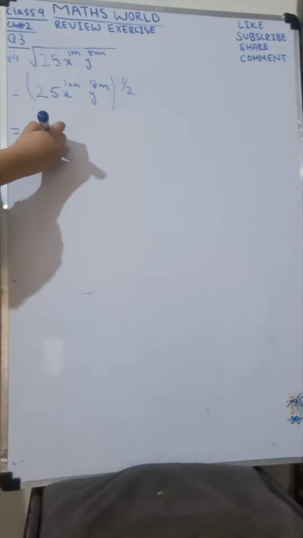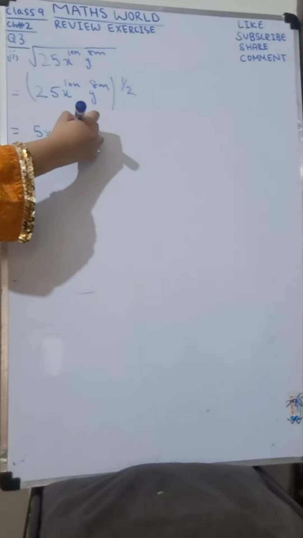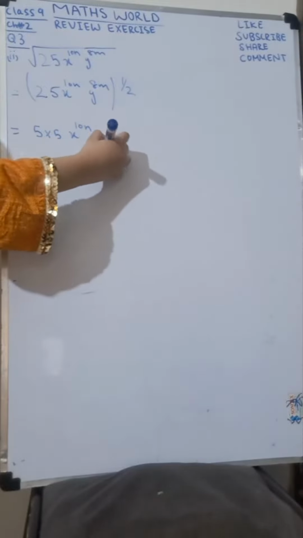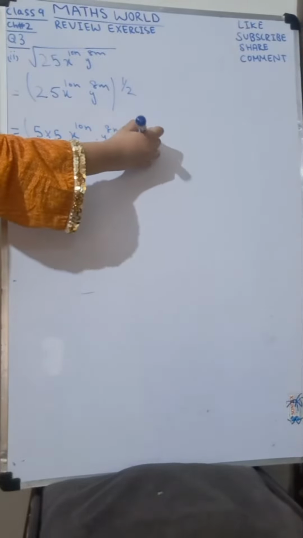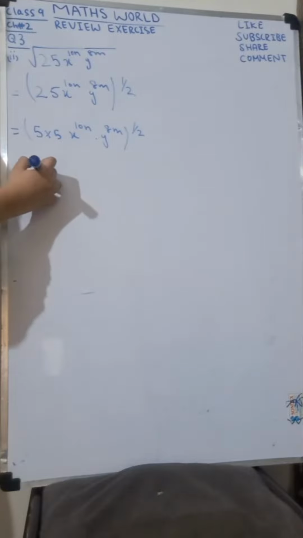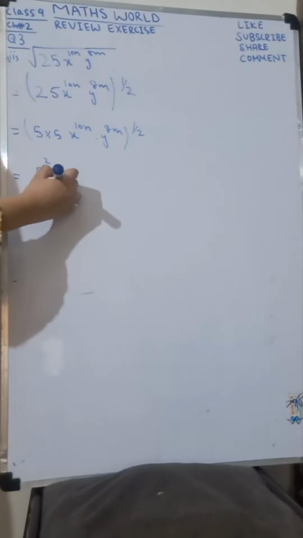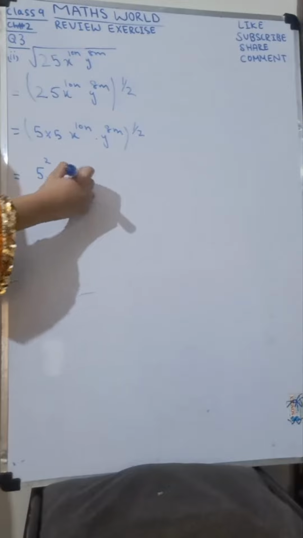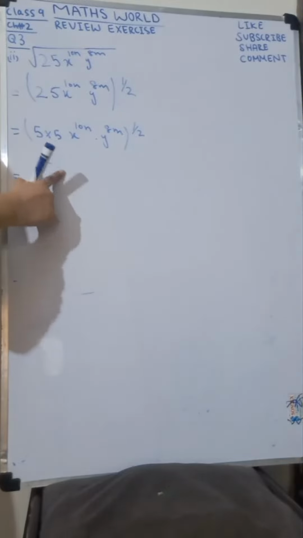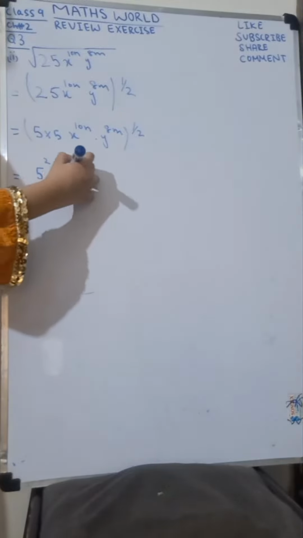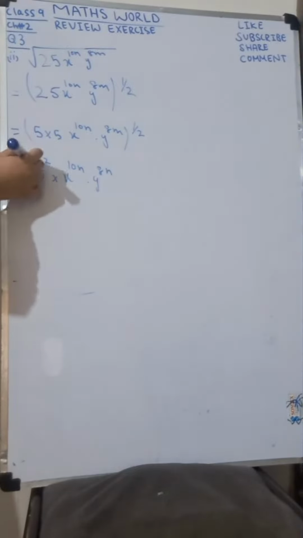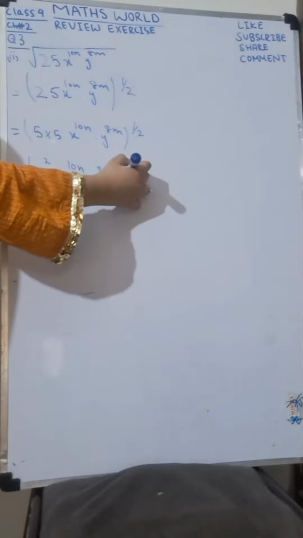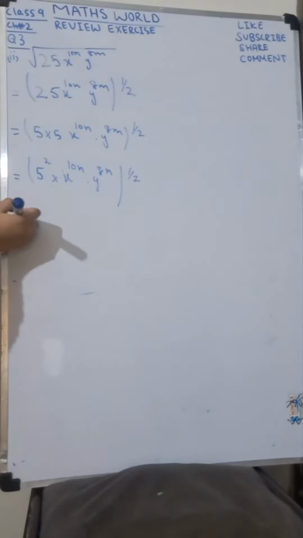It becomes (5 into 5 x^10n y^8m)^(1/2), that is (5^2 x^10n y^8m)^(1/2). Now you are going to multiply the powers.